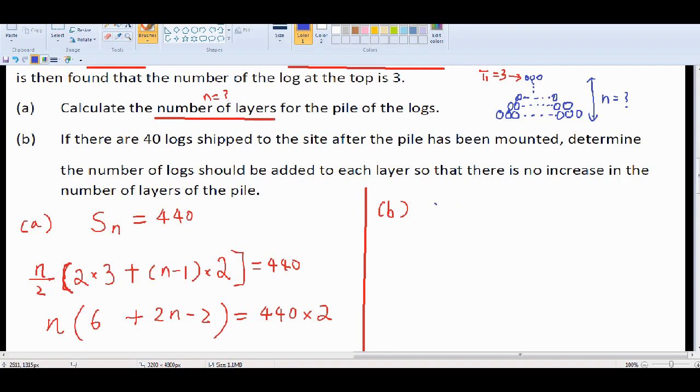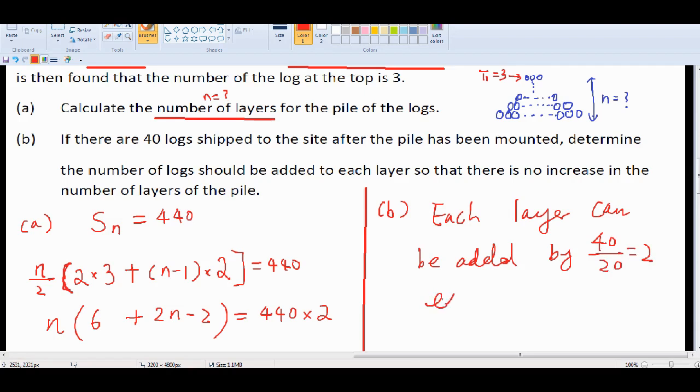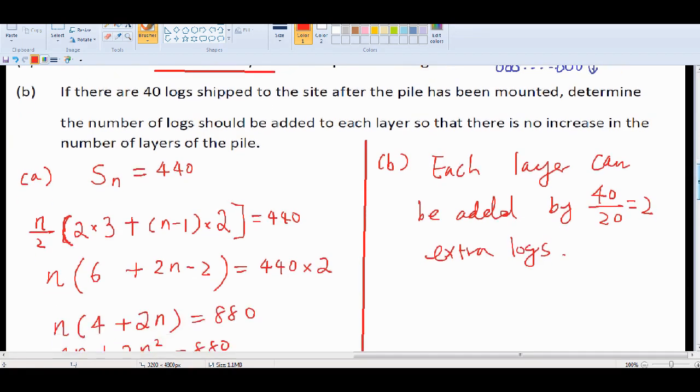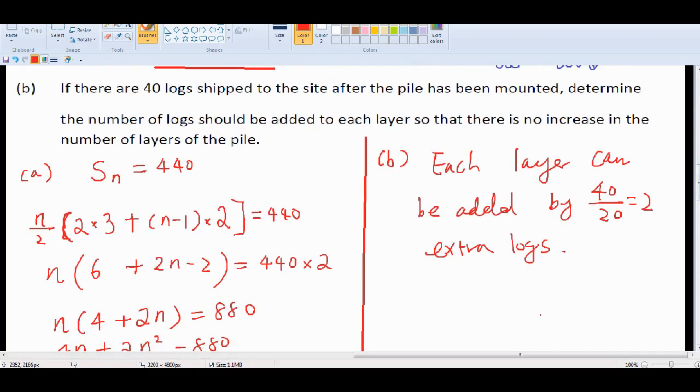Each layer can be added by 40 divided by 20. There are 40 logs, there are 20 layers, so 2 extra logs. It's an integer, so that's good news. Each layer you can add 2.